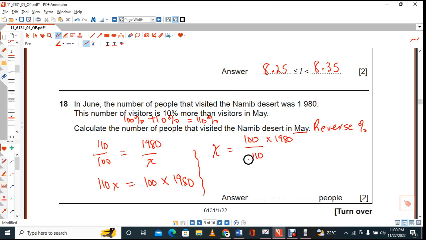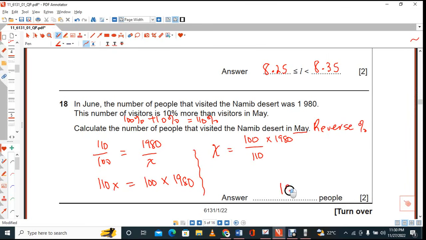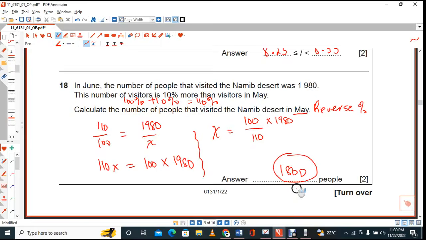Can you see the scenario where the reverse percentage always comes in? You're looking for a number that is less, so you want to multiply by a proper fraction. So 100 upon 110, multiply that by 1,980, and you get 1,800, and surely this is a figure that is less than what happened in June.